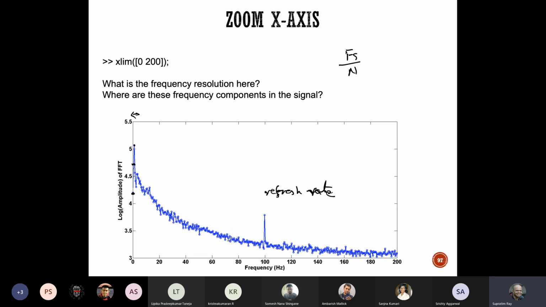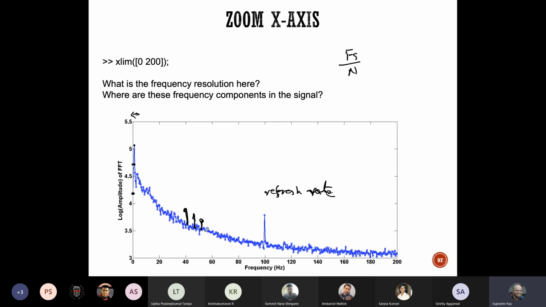Now tell me, if I want to improve the frequency resolution, what does that mean? It means that I want these points to be closer and closer to each other in frequency. Suppose there are two oscillations, one at 40 and one at 42.